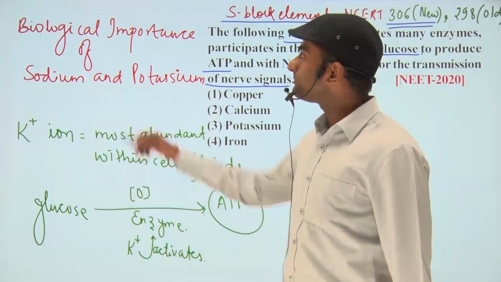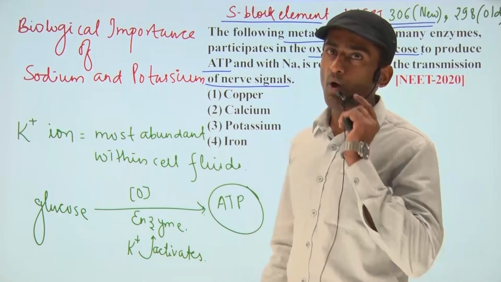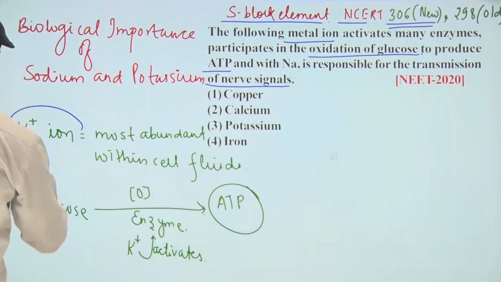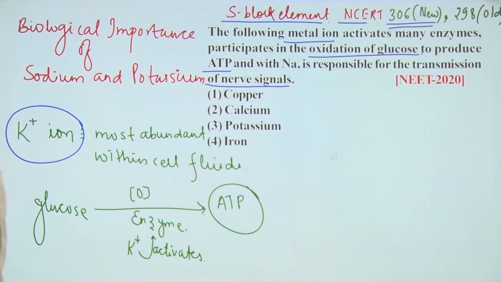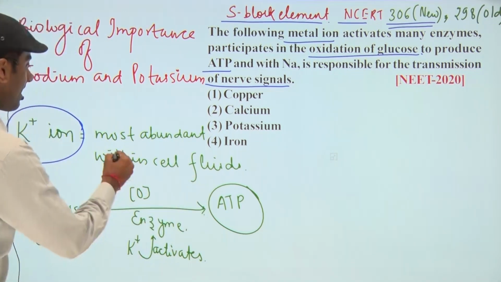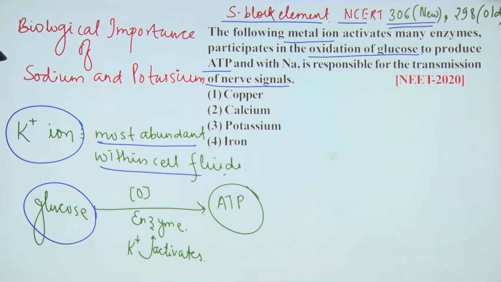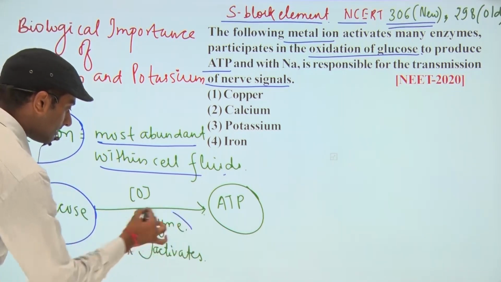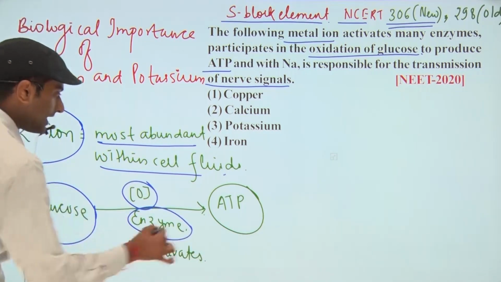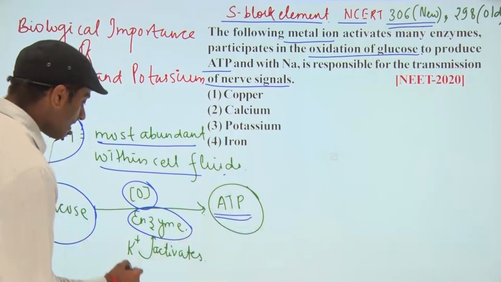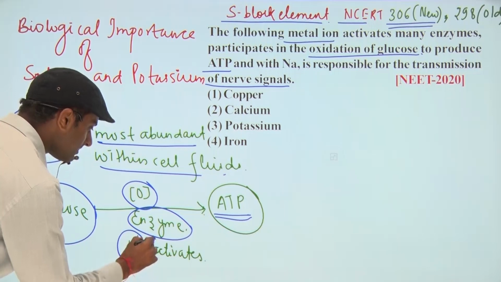The topic is biological importance of sodium and the potassium, and you are getting that information that potassium ions, these are the most abundant ion within the cell fluid. As far as the glucose is concerned, some enzyme you can see that will oxidize this glucose into ATP, adenosine triphosphate, and here K plus ion will activate these enzymes.